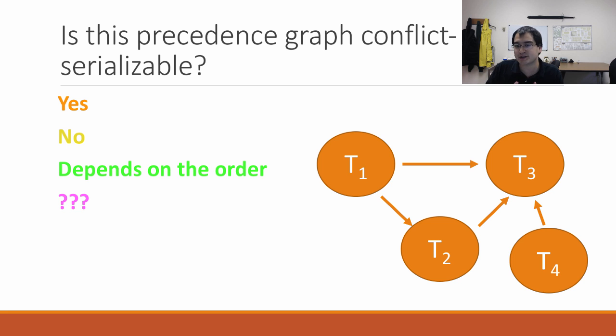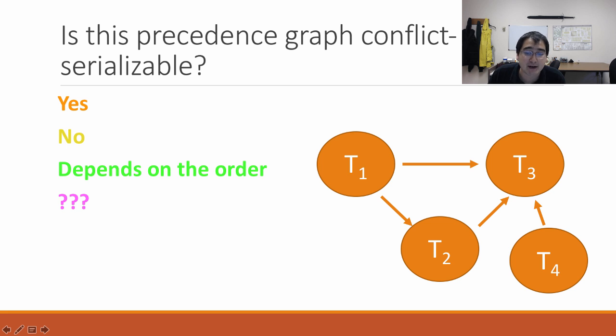All right, so the question you should be asking yourself when you look at this is, are there any cycles here? Are there any cycles in this graph? No. I never have a T1 points to T2, points to T3, points to T1. There's no loops, there's no paths in which for me to go around. Now there are edges that can look like loops, but the direction here matters.